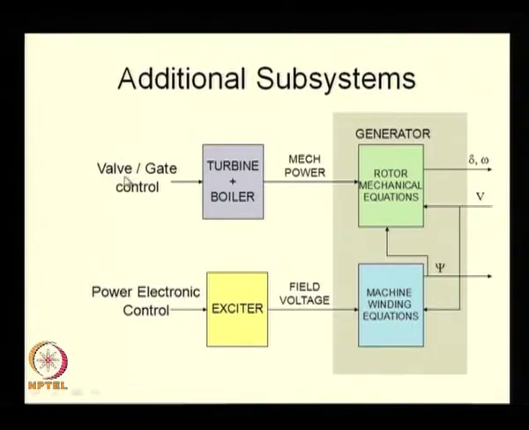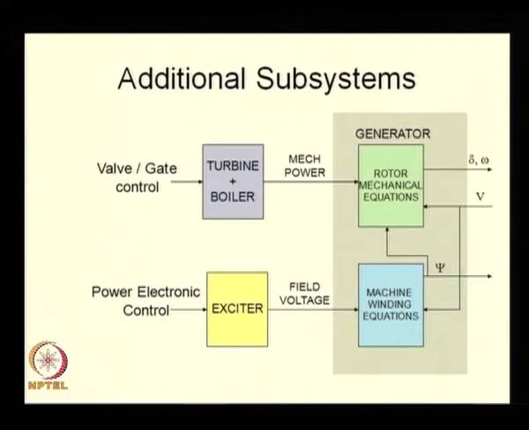Now, the valve or the gate control of a synchronous machine really controls the mechanical power input to the machine. So, you can control both the mechanical power and the excitation to a synchronous machine.